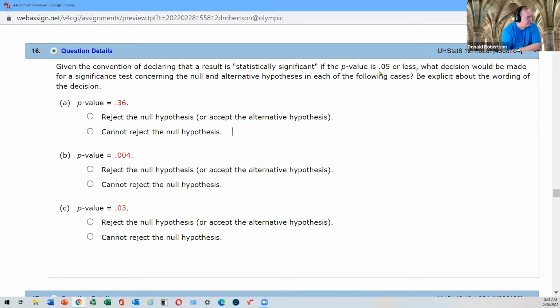And your significance level is 0.05 for every question. So what do you do with the first one? Isn't it rejecting it? Say again? Isn't it rejecting it?